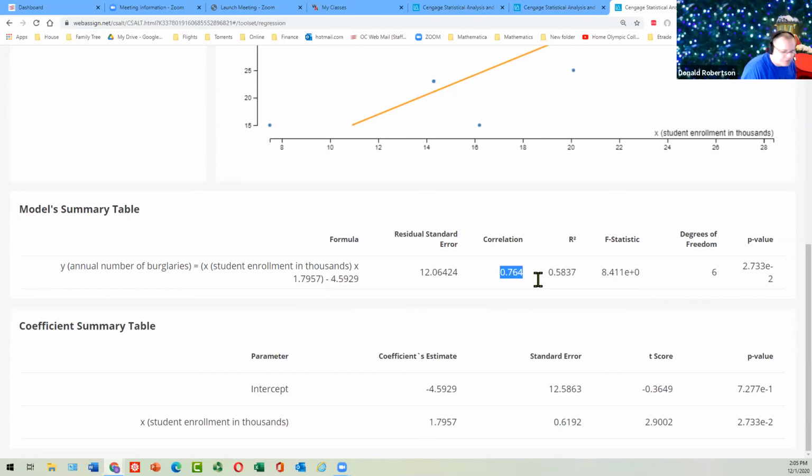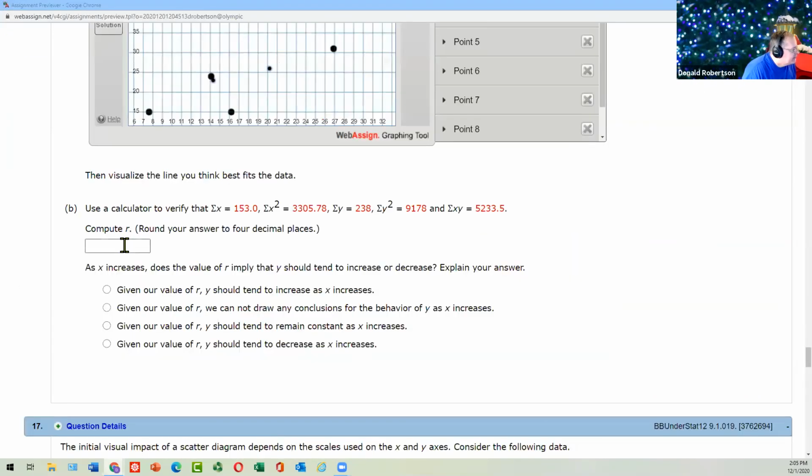You see it's a 0.7 something? But it's positive. So as X gets bigger, so does Y. So that's that one.